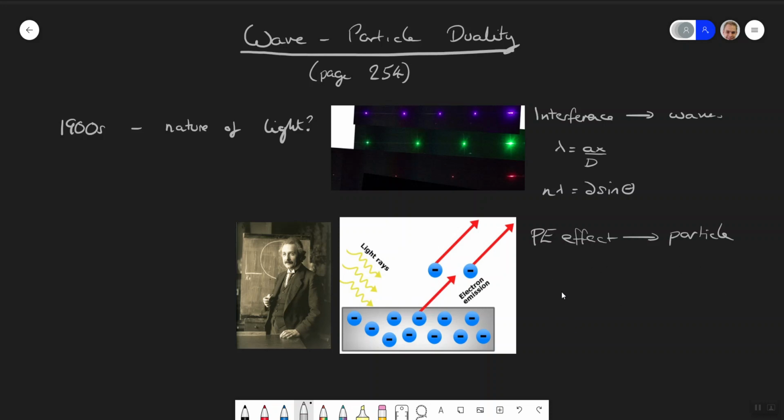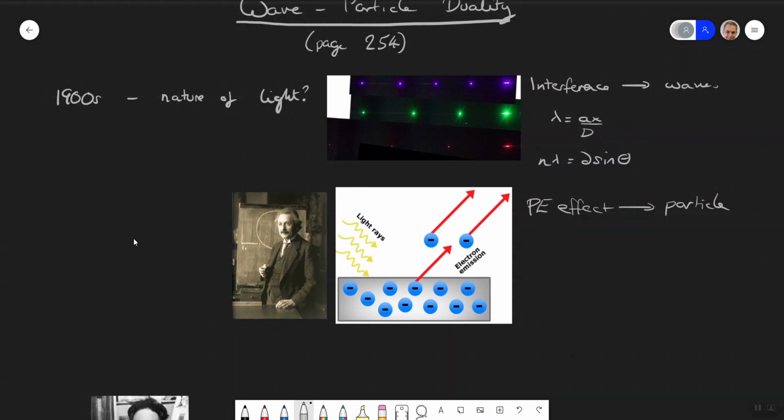This led ultimately to Einstein realizing that light is both a particle and a wave, and he generates his equation, which is that light is a series of individual photons, and the energy of a photon is equal to hf, or hc over lambda, with h being Planck's constant, which is 6.63 times 10 to the minus 34 joule seconds.